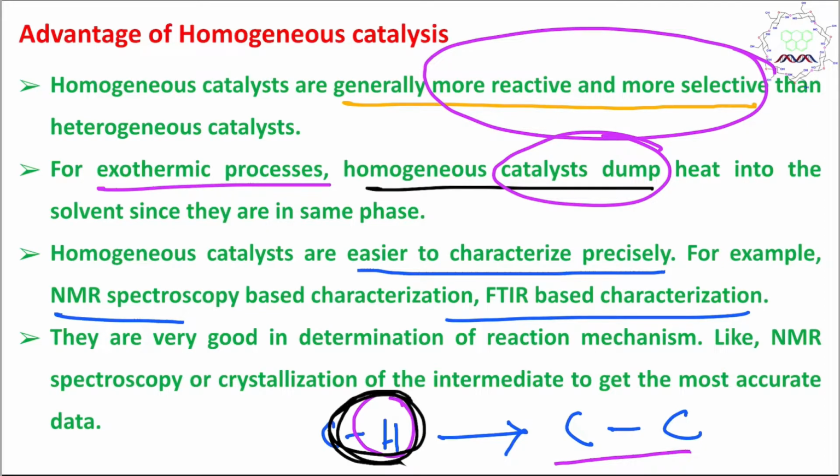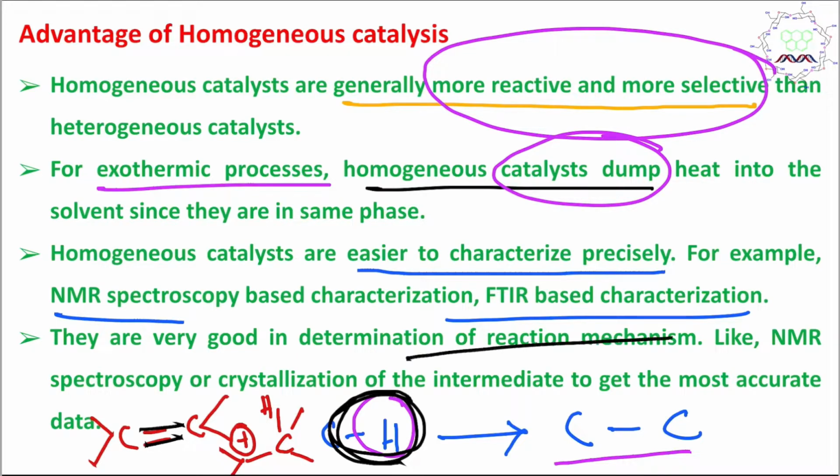Not only that, for example, if you are doing a reaction involving carbocation formation, there is an H, there is a C plus, and one alkene is converted into a saturated species. In that case you can check FTIR also. That's the beauty of homogeneous catalysis, and that's why it is very helpful in determining the mechanism of a chemical reaction.